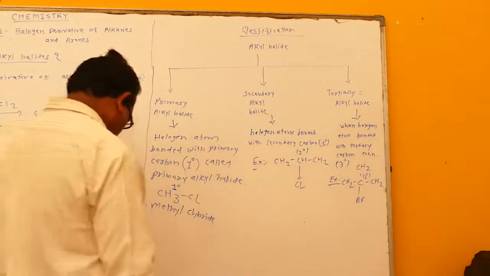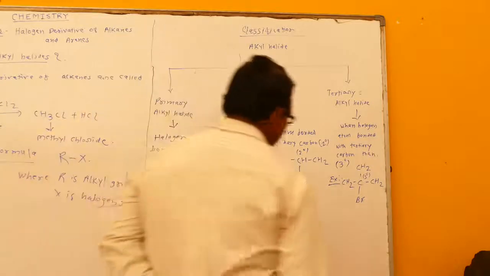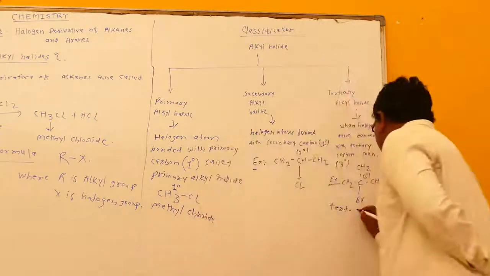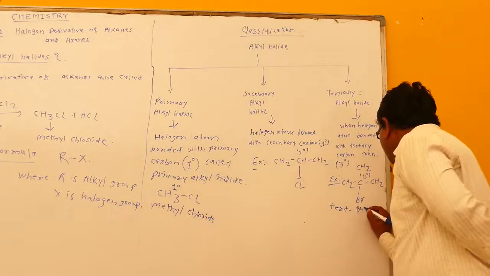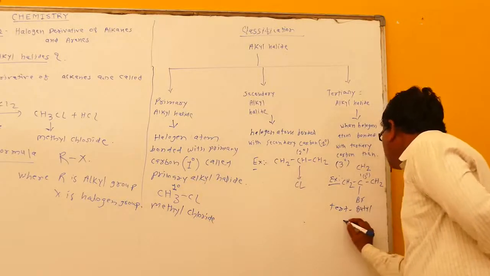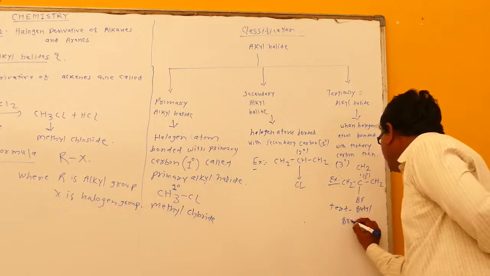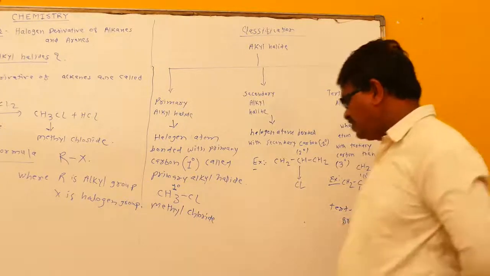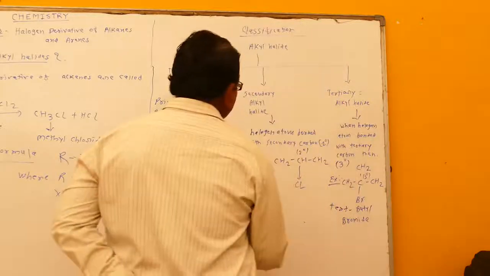So it is tertiary butyl bromide. And this is the ethylene chloride.